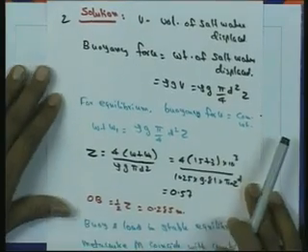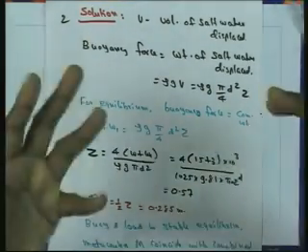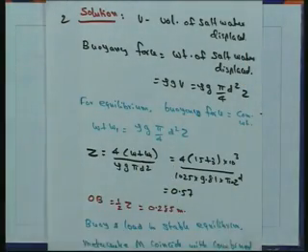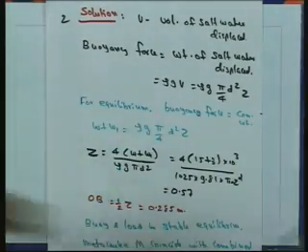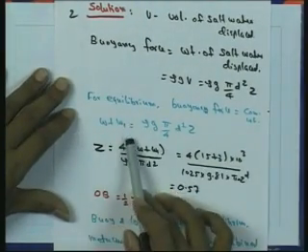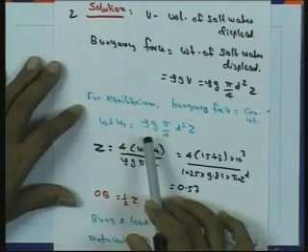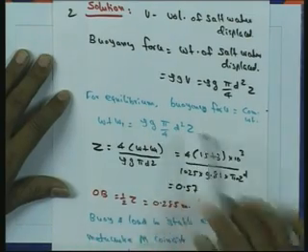Now for equilibrium, the buoyancy force is equal to the combined weight. The buoy weighs 15 kilonewton, and we are putting an extra load of 3 kilonewton, so the combined weight is 15 plus 3, that is 18 kilonewton, equal to the buoyancy force. So we can equate W plus W1 to rho into G into pi by 4 d square into Z, where W1 is the extra added weight and W is the weight of the buoy.